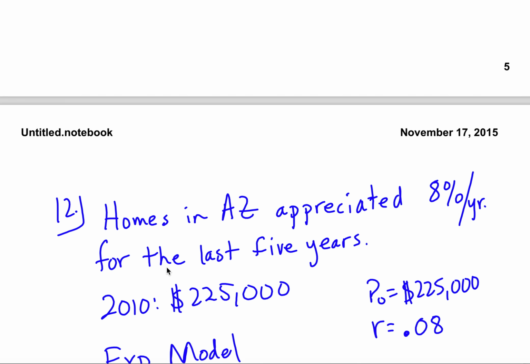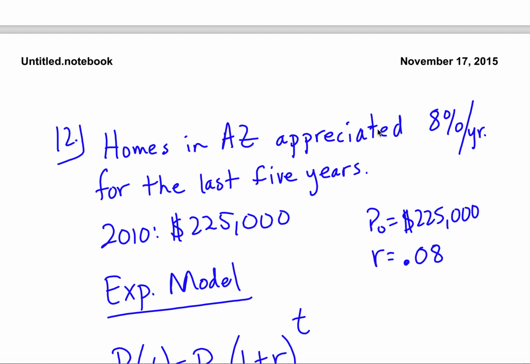As another example, let's look at homes in Arizona that appreciated 8% per year for the last 5 years. In 2010, the value of the house was 225,000. So this isn't actually population, this is value instead of population. That's our starting point, because we're going to decide that 2010 is our starting time.